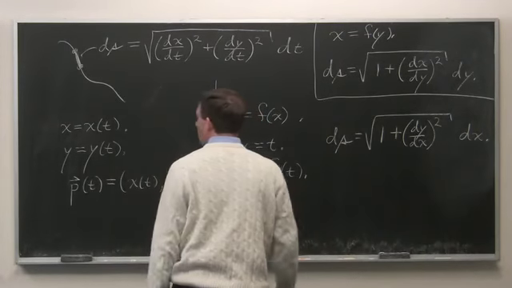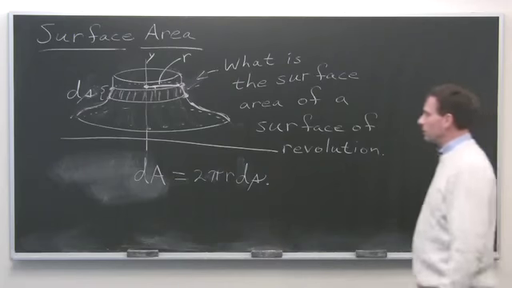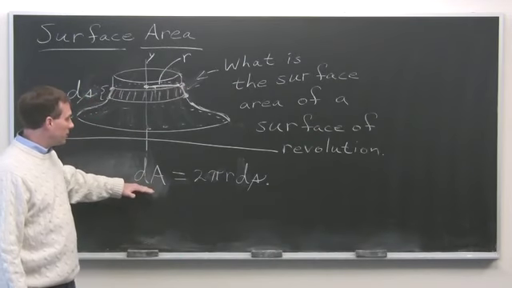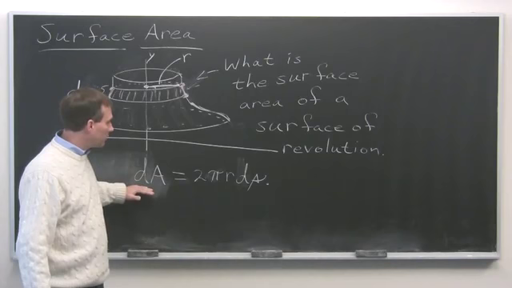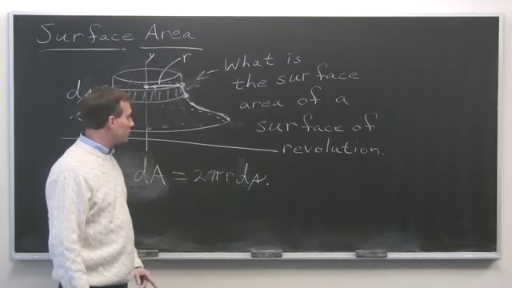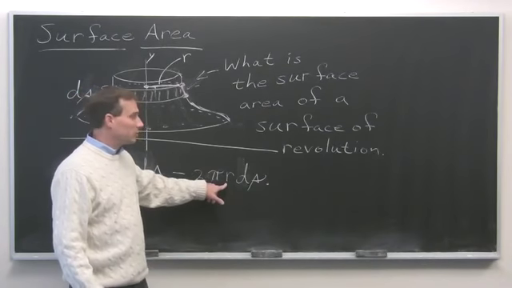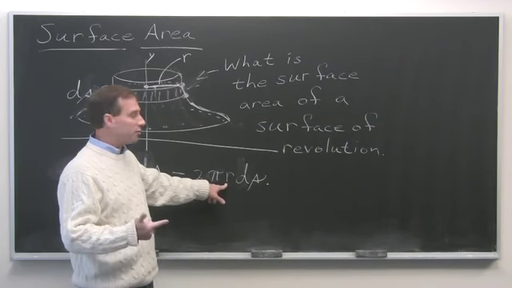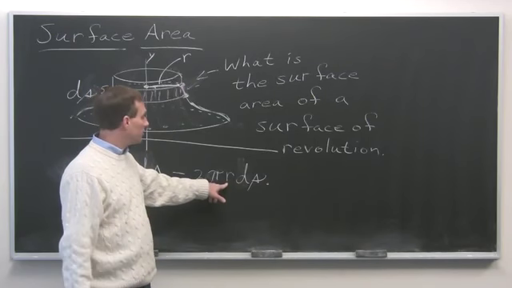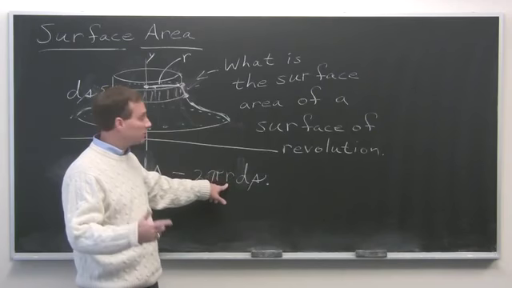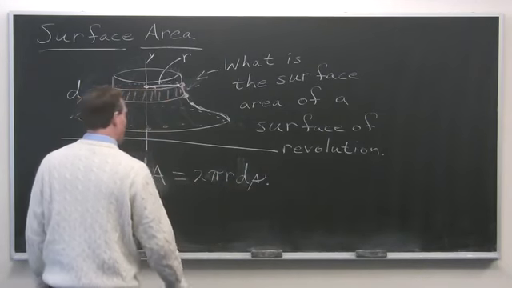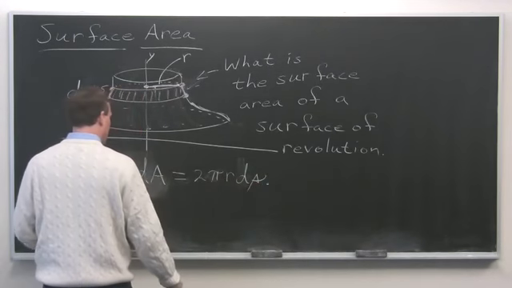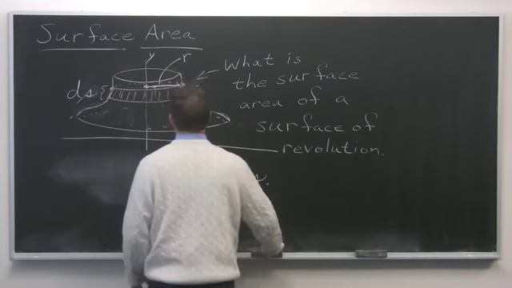You use one of these formulas for infinitesimal pieces of arc length, and then dA, an infinitesimal chunk of area of the surface of revolution, is 2 pi times the radius, which you have to write in terms of t if you've got it parameterized, or x if you're given y as a function of x, or y if you're given x as a function of y. So you need to write r in terms of whatever variable you've got in your expression for ds.